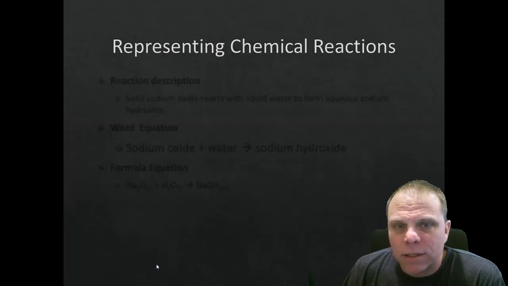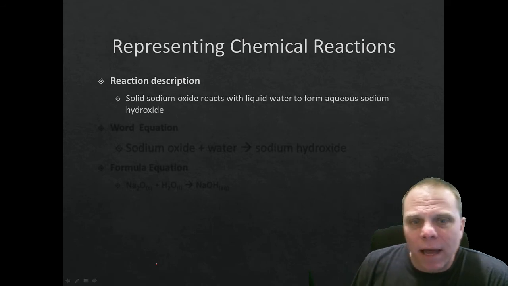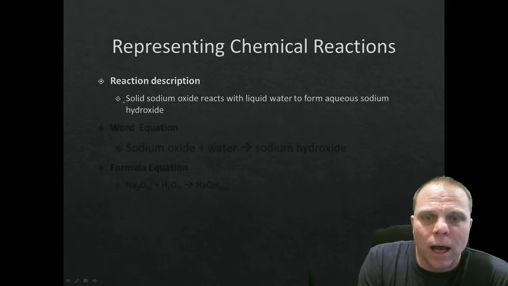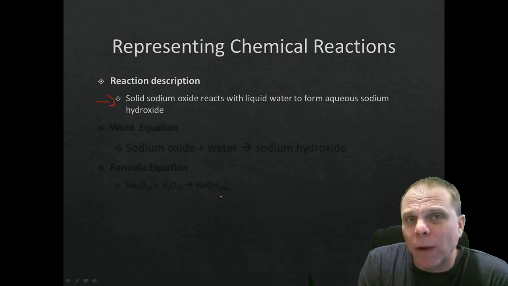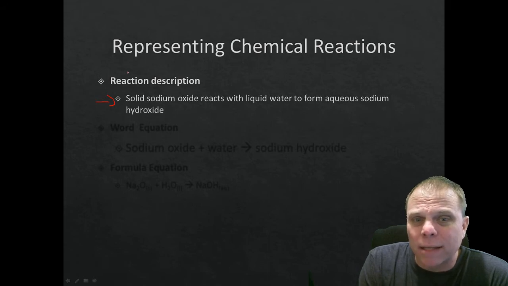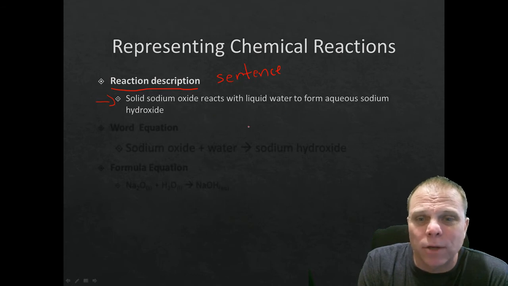All right, so if we take a word sentence and we put that sentence out there, you should be able to write a chemical formula for that, okay? So I can say this is a reaction description in a sentence format, right? And so I can say the solid sodium oxide reacts with liquid water to form aqueous sodium hydroxide.